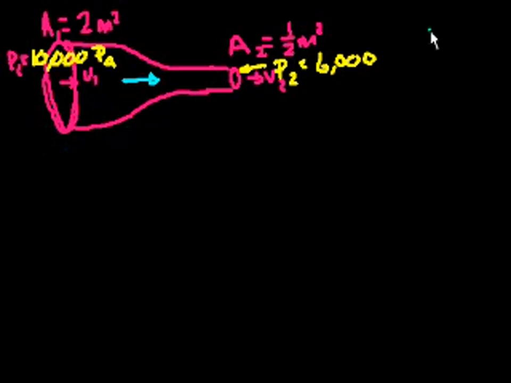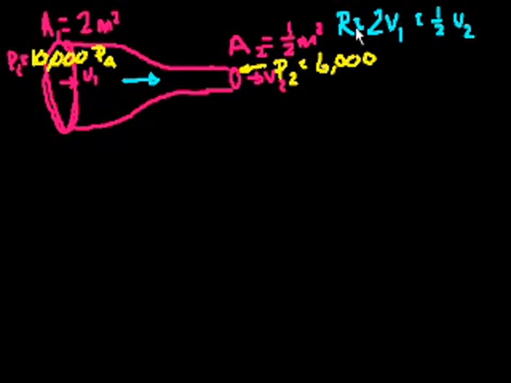So we know that the flow, which is R, volume per amount of time, is the same thing as the input velocity times the input area. The input area is 2, so it's 2v1. And that also equals the output area times the output velocity, so it equals 1/2 v2.